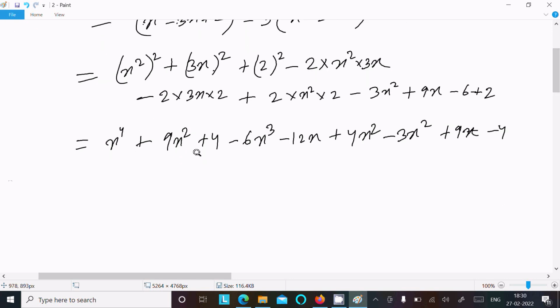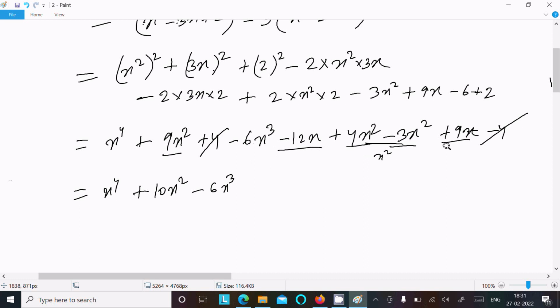Now this and that cancel, then you can see x⁴ and 9x², so this is x², and 9x² plus x² becomes 10x², and this is minus 6x³, and this is 12x and 9x, so this becomes 3x.